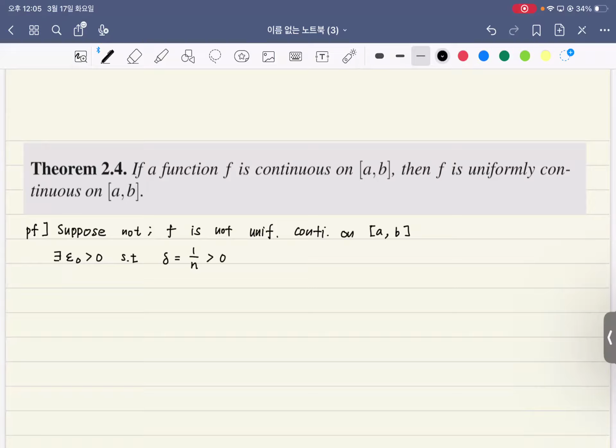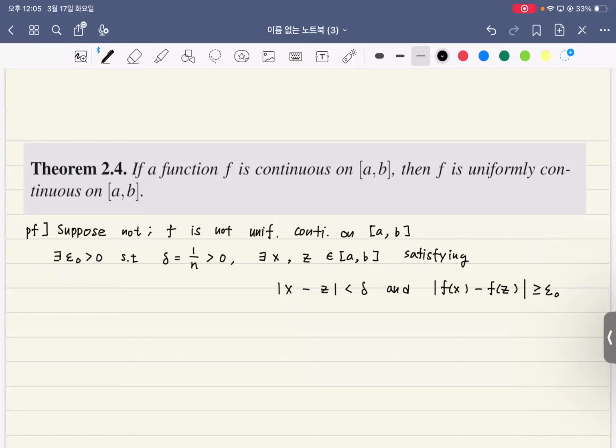For this delta, you can still find two points, x and z, satisfying the absolute value of x minus z is less than delta, and the absolute value of f of x minus f of z is greater than or equal to epsilon 0.